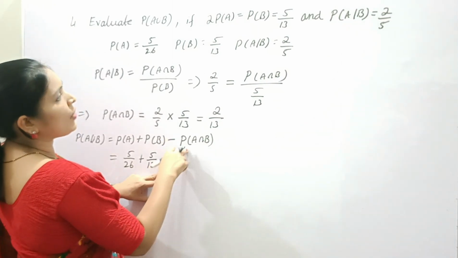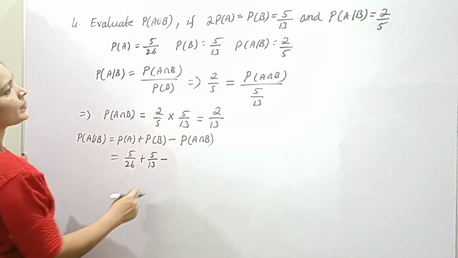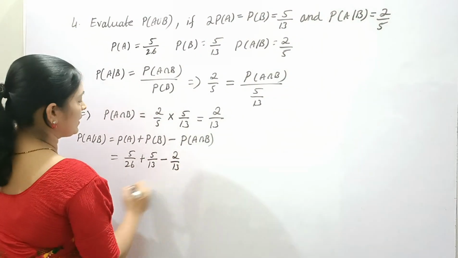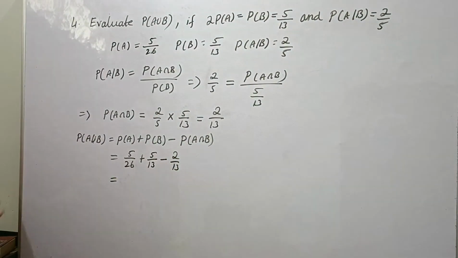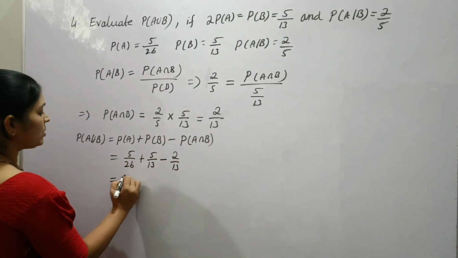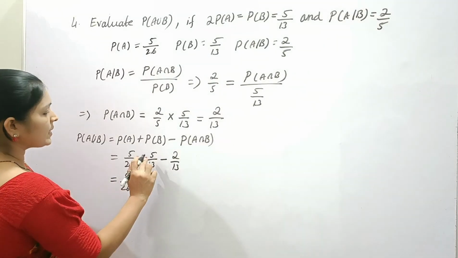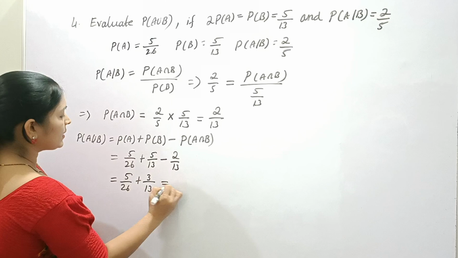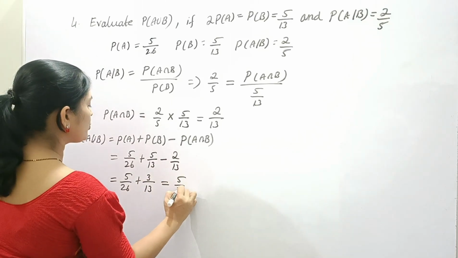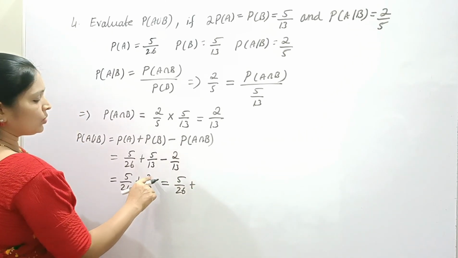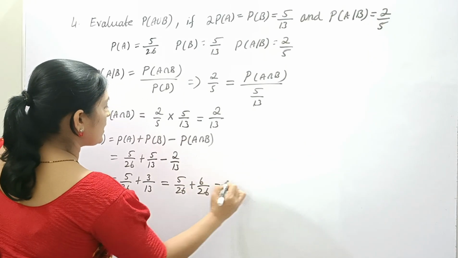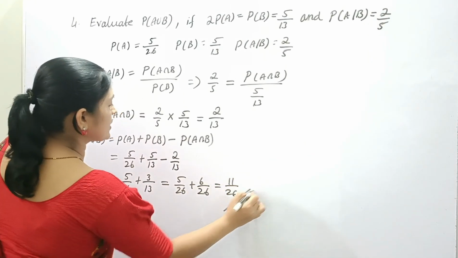Minus probability of A intersection B is 2 by 30. That is equal to, here 5 minus 2, 5 by 26 plus 3 by 13, that is equal to 5 by 26 plus 6 by 26, that is 11 by 26.